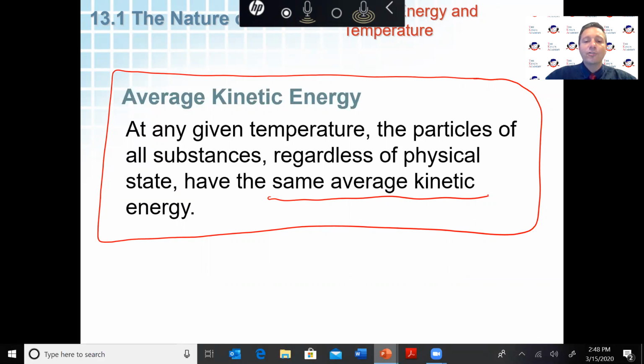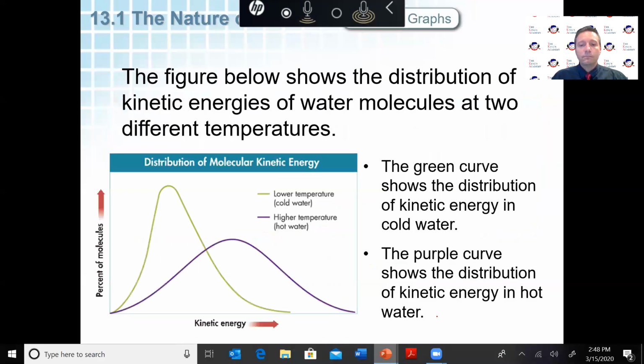And when we talk about average, you've got to remember a bell-shaped curve. And the average would be about right there in the middle. Now you're going to have some particles with more, some particles with less. I could say plus and some minus, and then here is your average. And that's what this graph is showing right here. This is standard distributions and distribution curves.